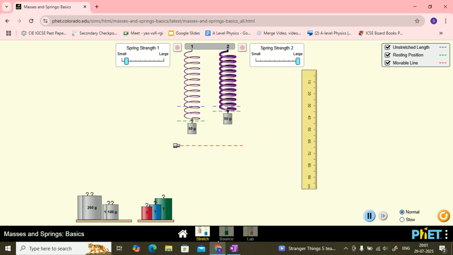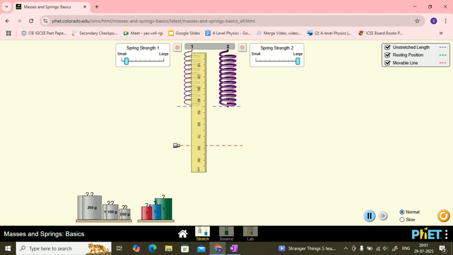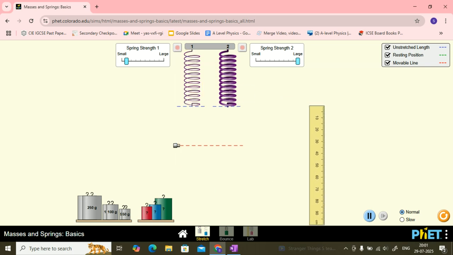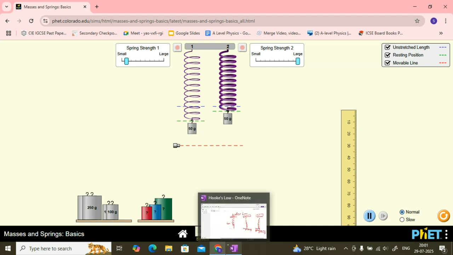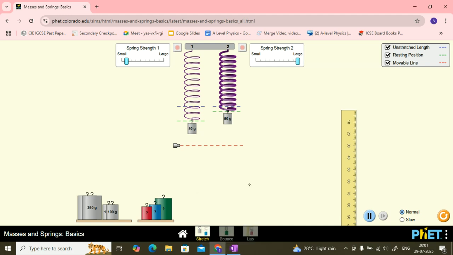If I remove the weights, we can clearly check the original length is 48 centimeters. After putting 50 grams on each spring, we can see the delicate one extends more and the thick one extends less. This is because the spring constant is high for the thick one.